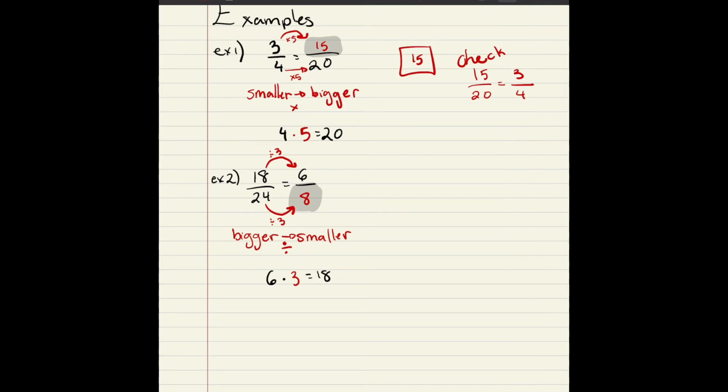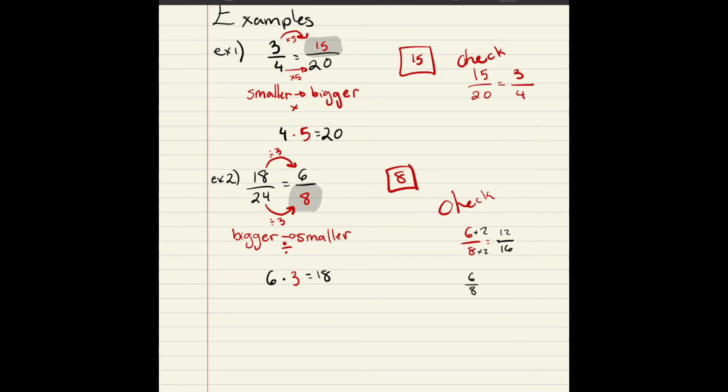And again, I can check this. Well, 8 would be my final answer. And I can check by having 6 eighths as an equivalent ratio. I can multiply 6 by 2 and 8 by 2, which would give us 12 over 16.